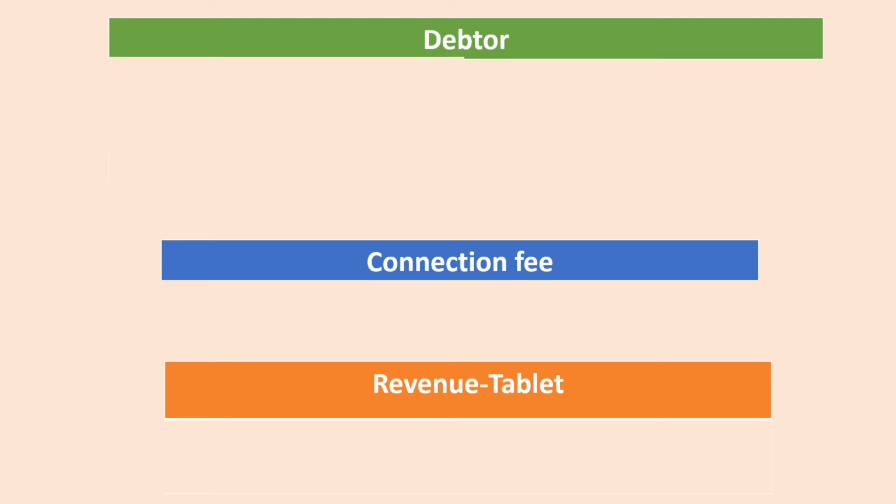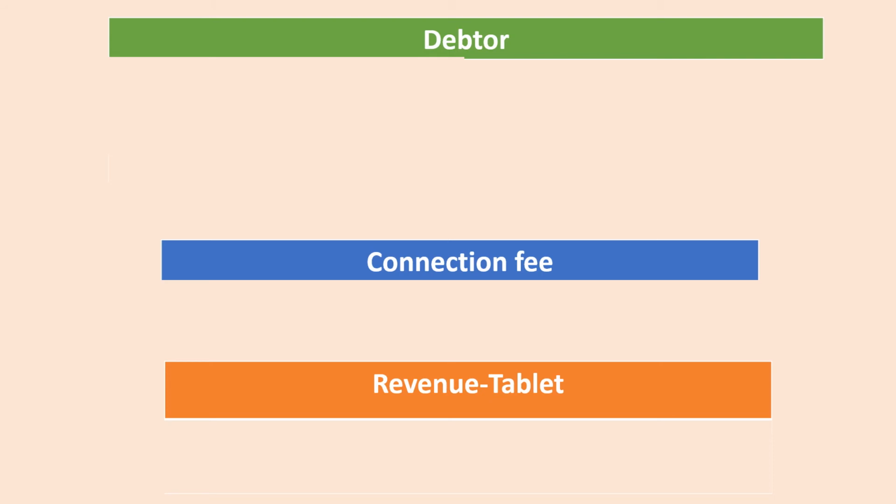Now, in this step, we are going to record the above transaction in the ledger accounts. Here, there are three types of account involved: the debtors account, the revenue from connection fee, as well as the revenue from the tablet.